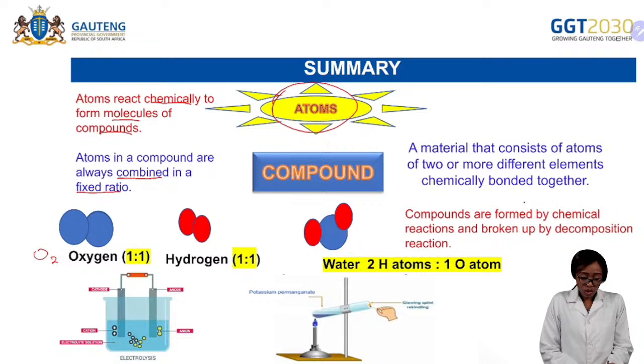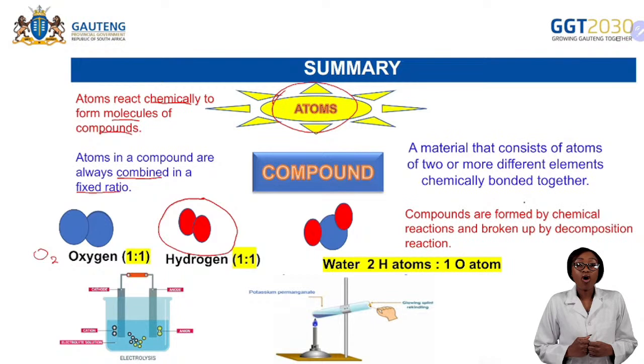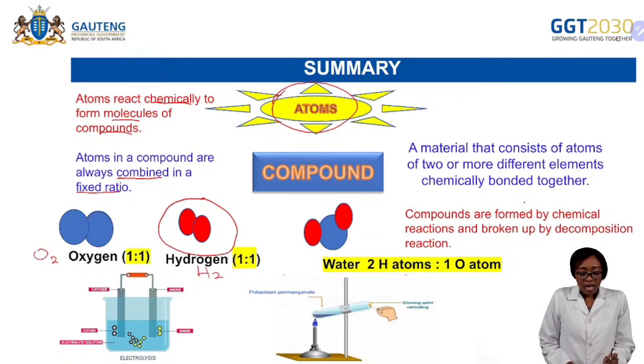Let's look at hydrogen. Two hydrogen atoms chemically react, and then a chemical bond forms between them to give us our hydrogen molecule, which is H2. If we look at this molecule, it is made up of two hydrogen atoms. This is the first one and this is the second one.